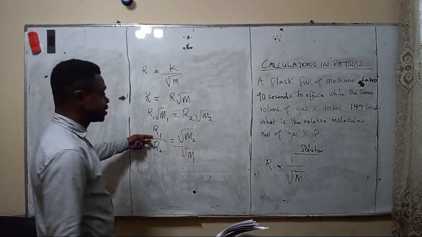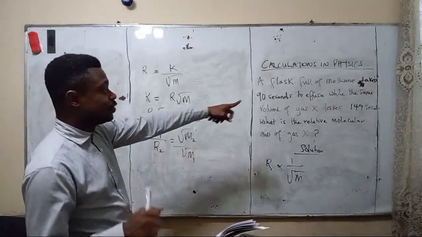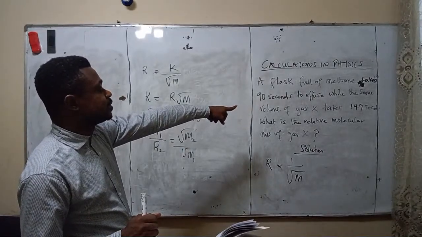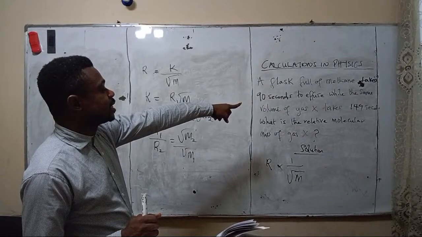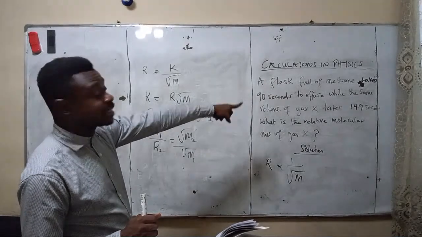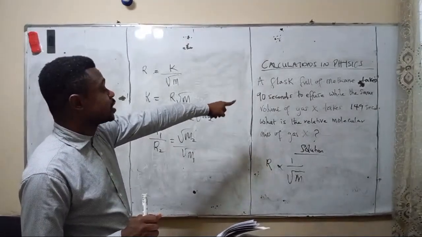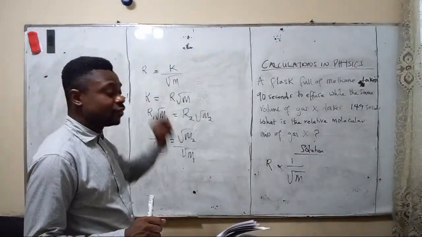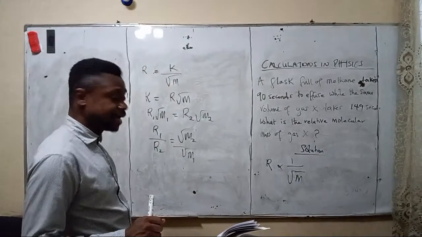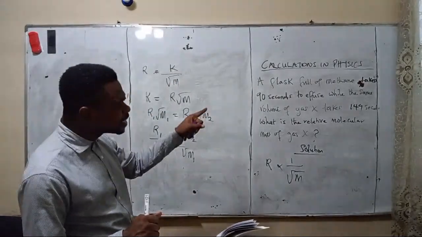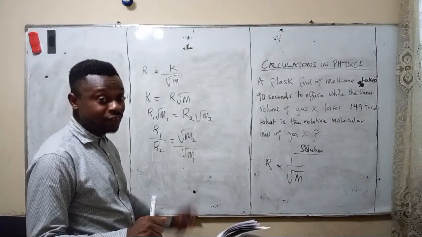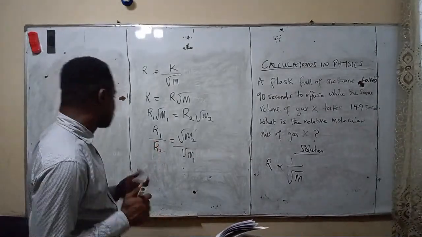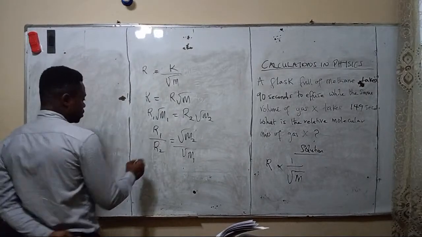Remember that with respect to the time taken to effuse, the rate is simply the volume over the time. Now here, they have the same volume, so V is constant for both.